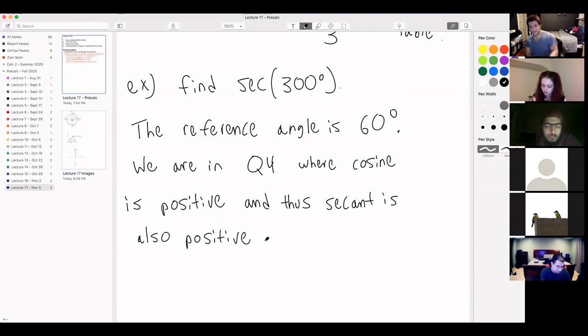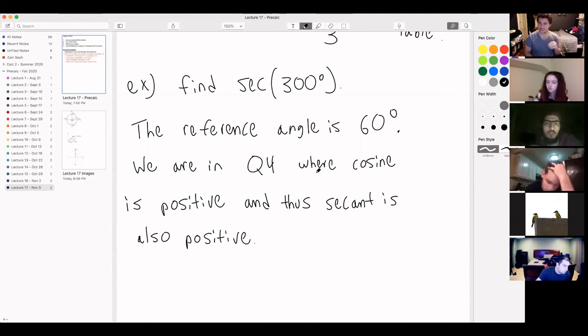Okay, why is secant positive? I know that cosine is positive in quadrant 4. So why is secant positive, other than just looking at our picture from earlier? Does anyone know why cosine being positive will imply that secant is positive?